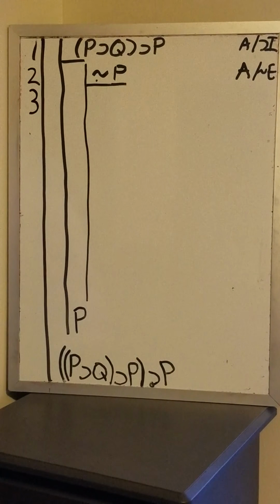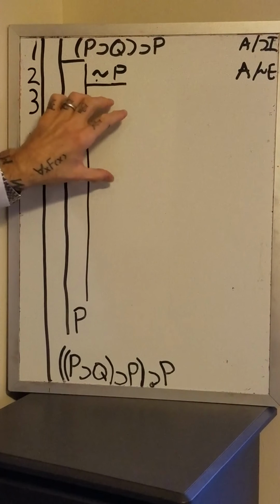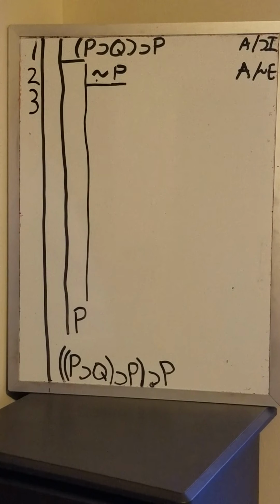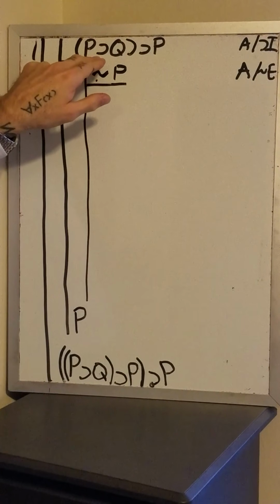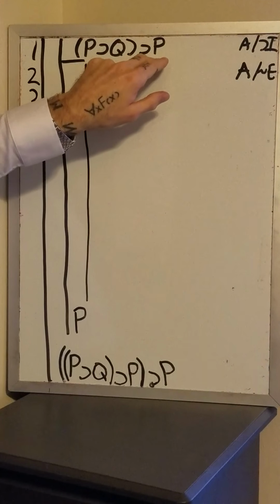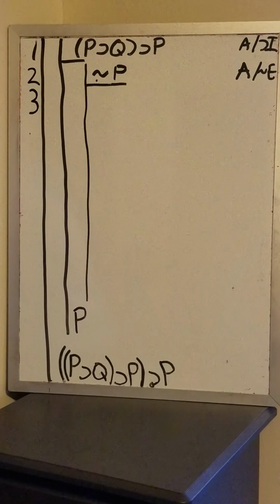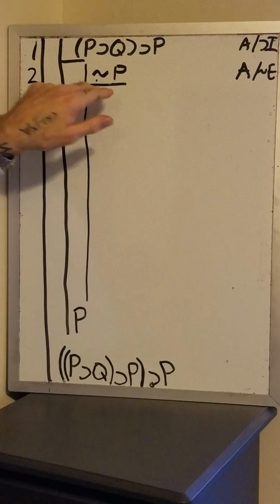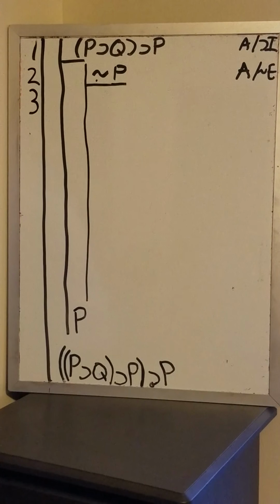Now this is where this gets a little hard. It's difficult to see what kind of contradiction we're going to get in here. But one idea is to see if we can get if P then Q as well as not if P then Q. And it should be fairly obvious that if we assume if P then Q, it is going to get us into trouble right away, because we can get P from that and we already have not P. And maybe we can get if P then Q because we already have not P, so P and not P will be a contradiction, and you can get anything from a contradiction.